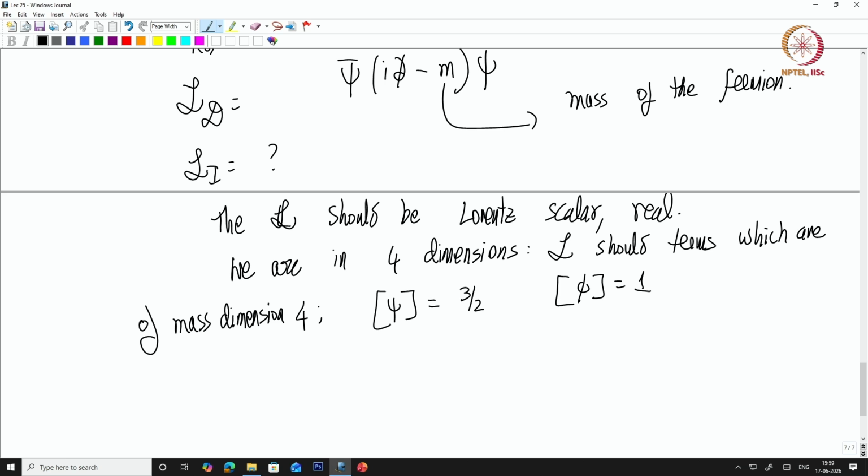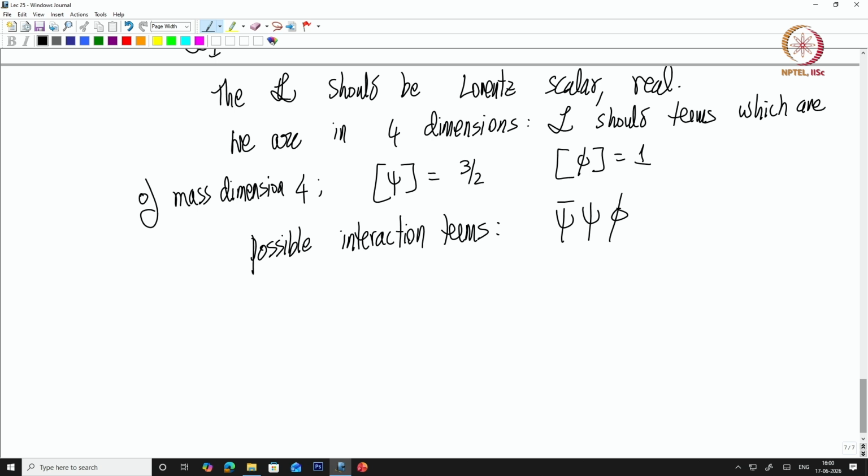So the possible interaction terms are essentially psi phi, and let's put a bar so that it becomes a Lorentz scalar. Then you can also have phi power 4. This is A, this is B.